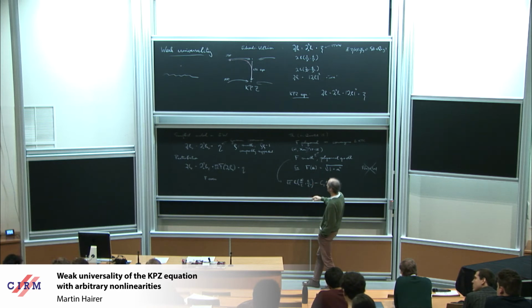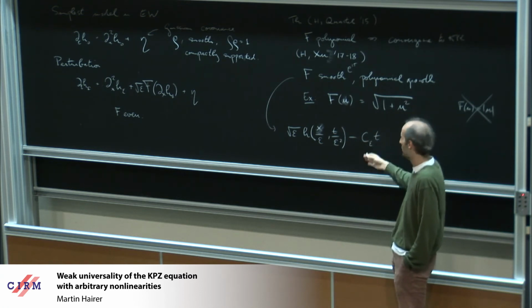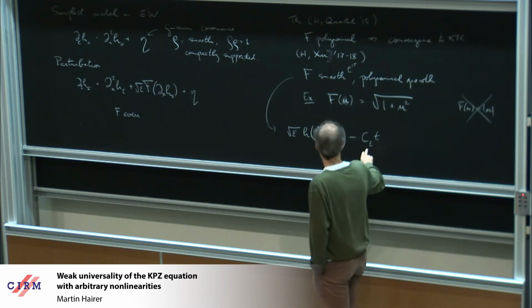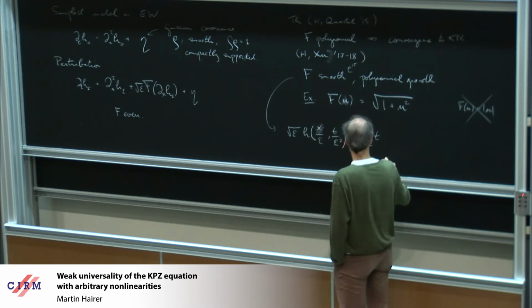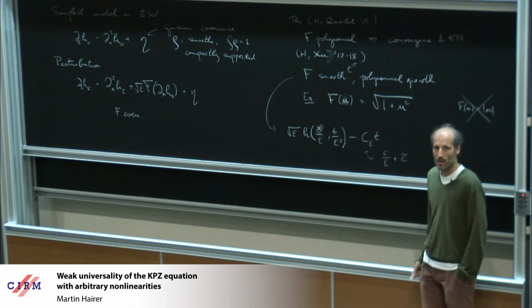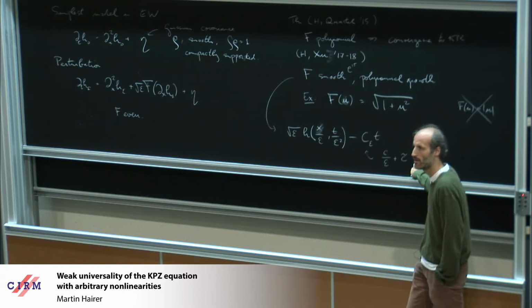And in all of these cases, one can give explicit expressions for this constant. Of course, there's a dominant part. So this constant typically behaves like c over epsilon plus c tilde, and you have essentially explicit expressions for both c and c tilde.